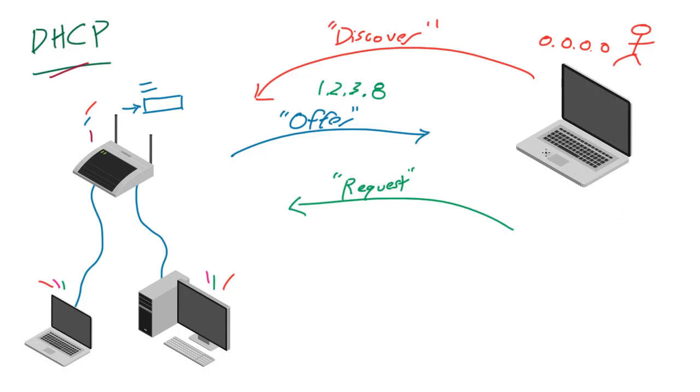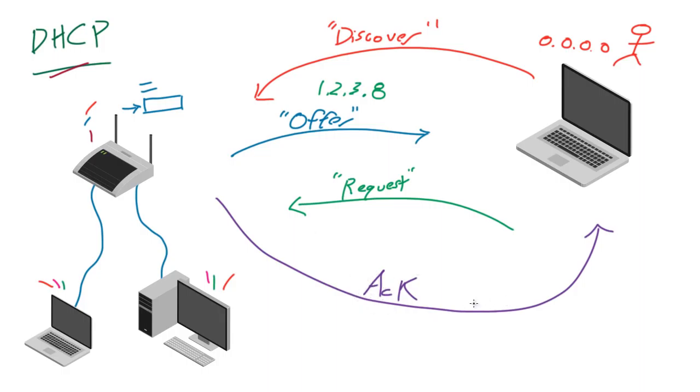Now the last part of this equation, and I'm kind of running out of space here, but once the router hears that the laptop looked at the IP, said it was cool, and said it wanted to use it, it's going to send back an ACK. So the router is going to say, okay, sure, it's all yours, and also here's some other information that you can use too.